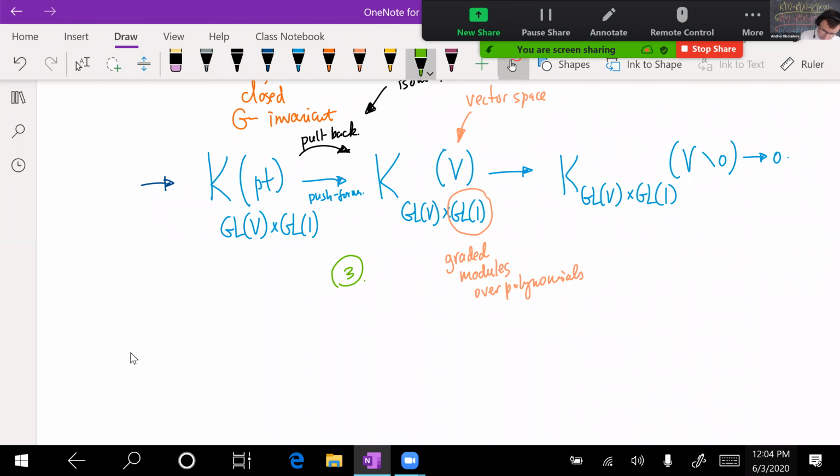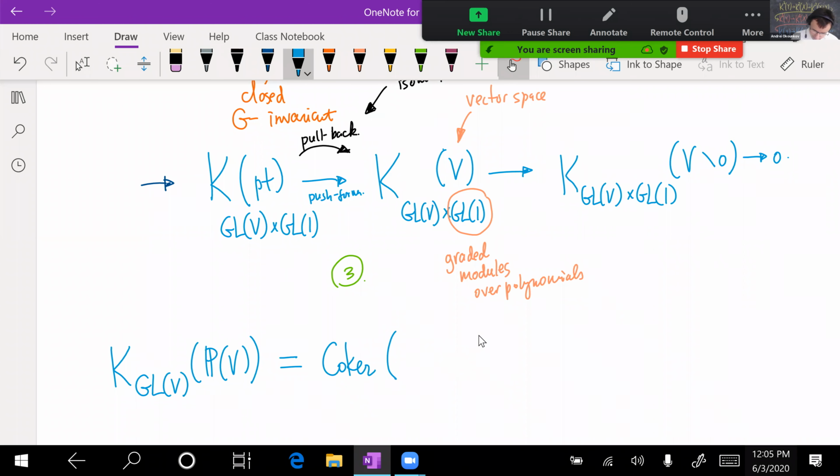And so this reduces the computation to the following: if I want a GL_V equivariant K-theory of projective space, that is the cokernel of the map. I take this kind of point.